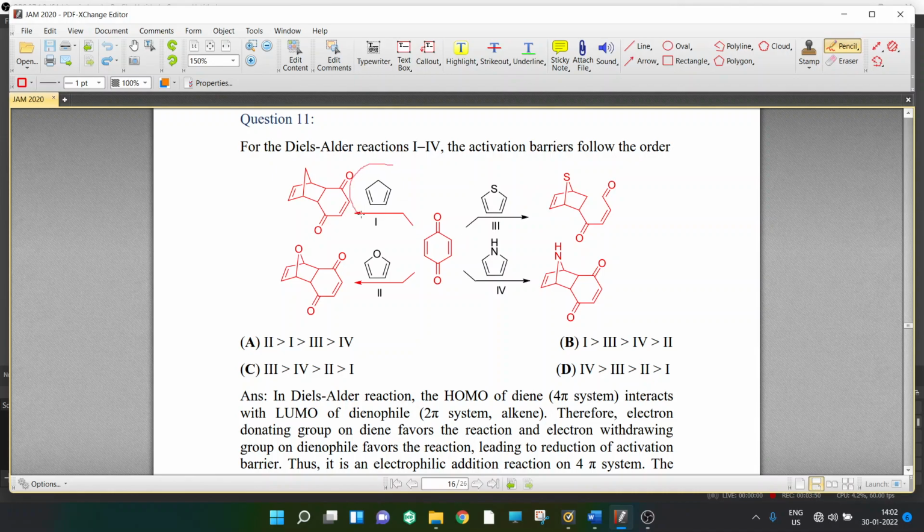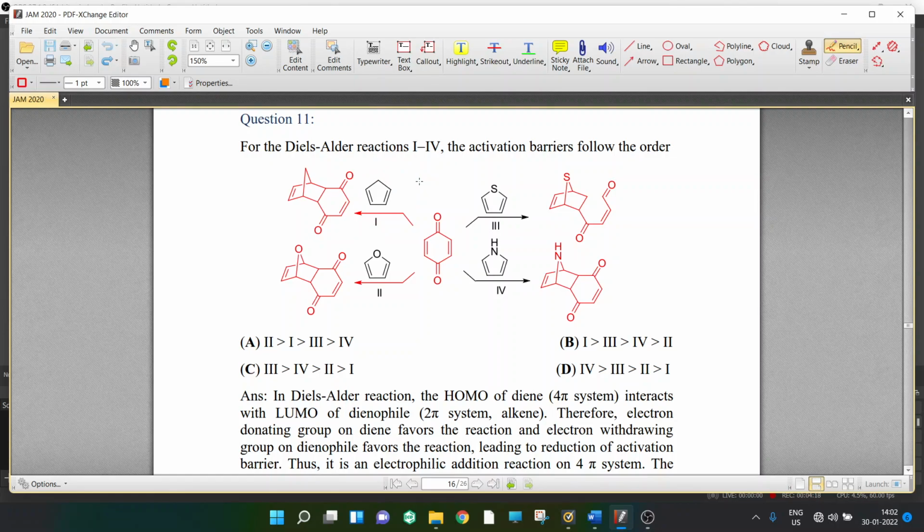So look at this molecule. Now this molecule is not an aromatic system. Why? Because this is not a conjugated system. Here this is sp2 hybridized carbon, this is sp2, this is also sp2 hybridized carbon, but this carbon is sp3 hybridized. So it does not have any p orbital which will overlap. When a system is non-aromatic, it is more reactive than an aromatic system.